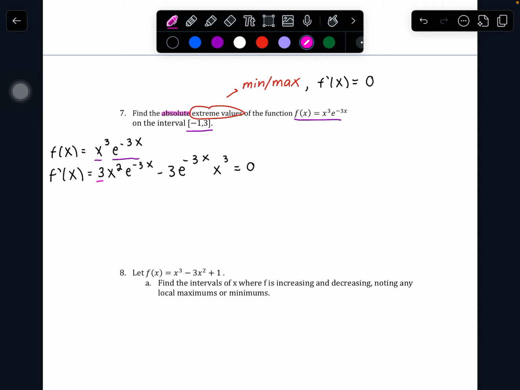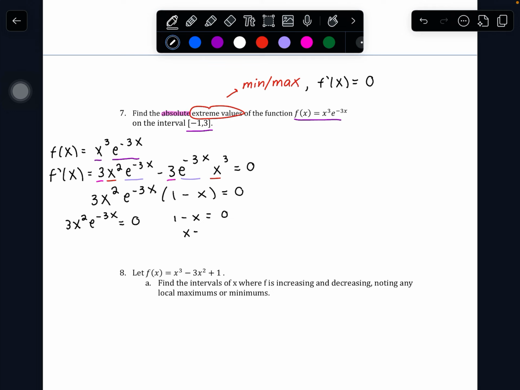I have a 3 on both, I have an x squared on both, and I have this e term. So when I factor that out, I'm going to be left with 1 minus x. So either 1 minus x is equal to 0, or 3x squared e to the negative 3x is equal to 0.